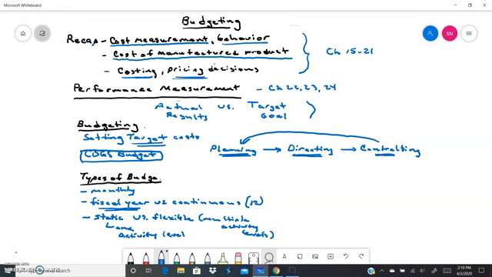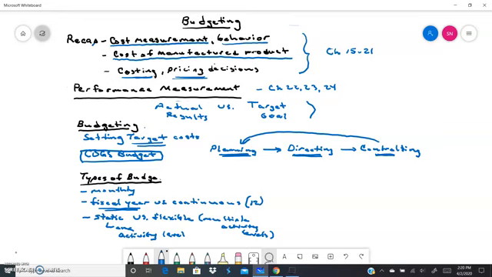So for instance, a static budget, there would be one number that would be set as a budget figure. For instance, the accounting department might have a static budget of $1 million. They're going to spend $1 million whether or not the business does 10 million in sales or 12 million in sales. That $1 million is not going to change.